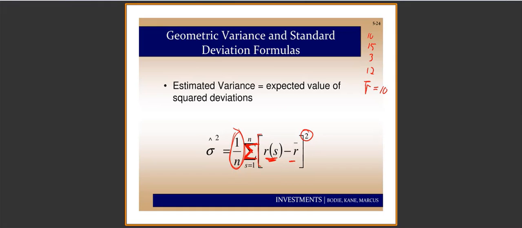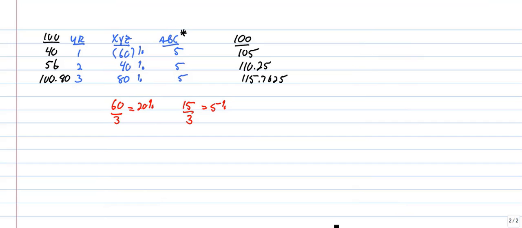Let's look at it on this page here where I've got more room. Okay, so we had 10, 15, 3, and 12, and our mean was 10.